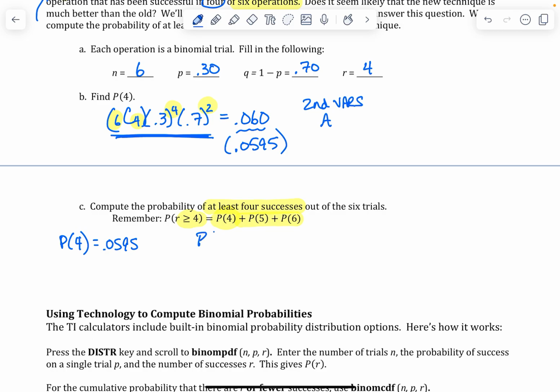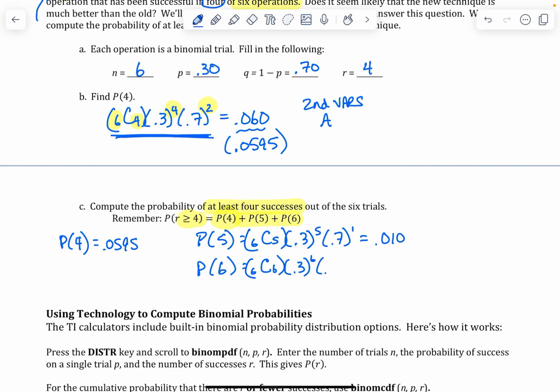If we did the probability of 5, we would get 6 choose 5 times 0.3 to the 5th times 0.7 to the 1st. And that's about 1%. And then we would do the probability of 6, which is 6 choose 6 times 0.3 to the 6th times 0.7 to the 0, which gives you about 0.001.